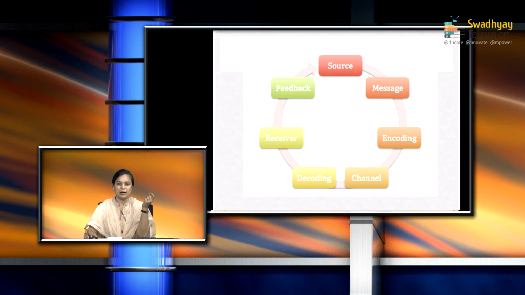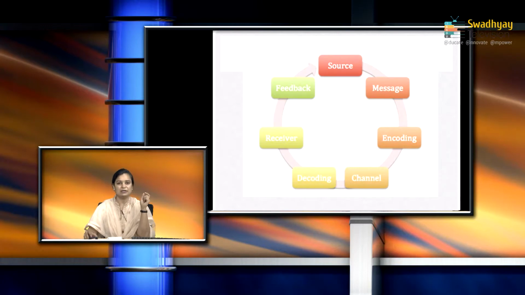This may be an idea, an attitude, feelings, views, orders, or maybe some suggestions. The message should be very subject specific and precise, and multiple messages at a time, that means three to four messages at a time, should be avoided, so that the receivers, or the person to whom you want to convey this message, understand it properly. The third element is encoding.